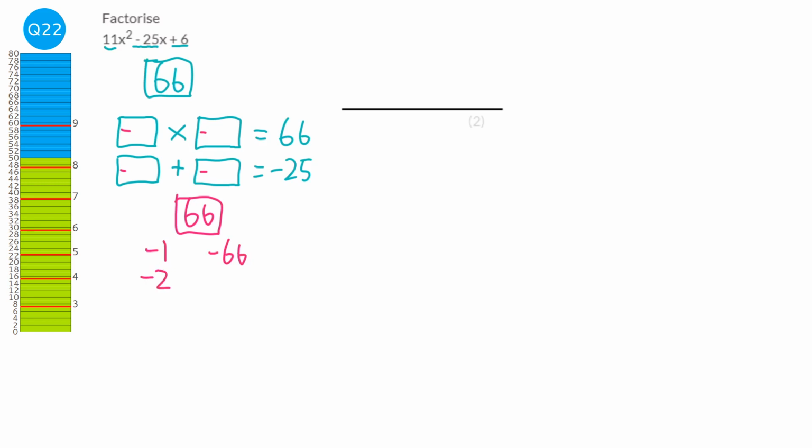So it'd be minus 3 and minus 22, and then minus 6 and minus 11, and then the rest will just be the other way around. When I add these together, I'm going to look to see which one adds together to make minus 25, which is actually going to be this one here. So our two numbers are going to be minus 3 and minus 22.